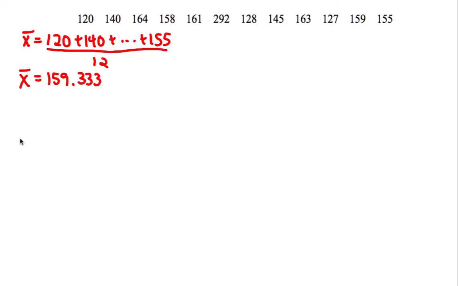Then I would find my standard deviation next. I'll use my calculator to figure out my standard deviation, but to show my work on my paper, I would start with the formula.